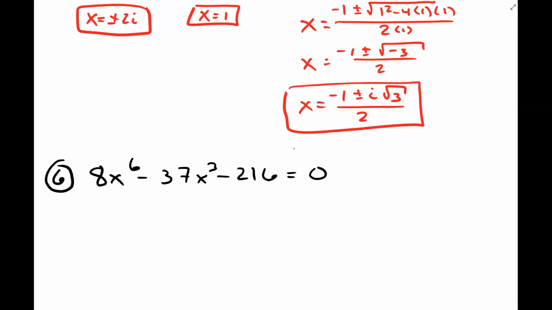But the short answer is if you're counting repeated solutions and imaginary solutions, the degree of the polynomial will give you the number of solutions. Since this is a degree 6 polynomial, I'm expecting 6 solutions. It is like that for everyone, depending on how you're counting them.